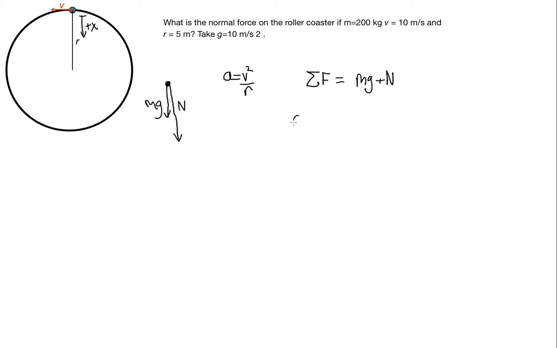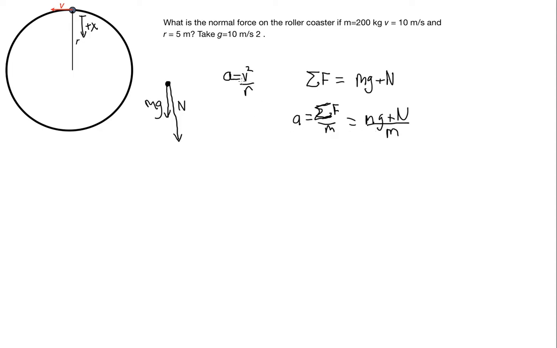Therefore, the acceleration provided by those forces is the sum of the forces over the mass, and that's equal to mg plus the normal force divided by m. Now you'll notice I'm being very careful not to write ma over here because that would introduce this notion of centrifugal force, which I'm trying to avoid to keep things intellectually clean here.